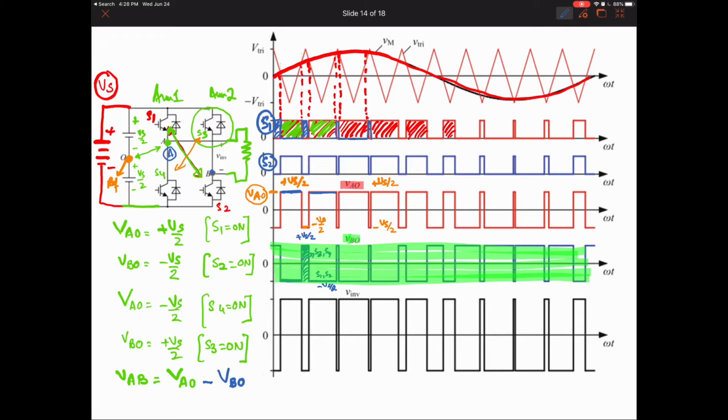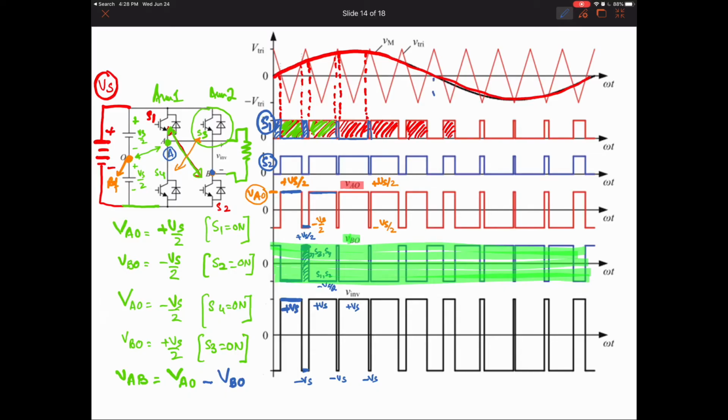So plus Vs by 2 minus minus Vs by 2 will be equal to plus Vs. You will get plus Vs at the output. In the second part, it is minus Vs by 2 minus plus Vs by 2, which will be equal to minus Vs, and so on. Over here you will get plus Vs, over here you will get minus Vs. So your load voltage will be exactly the same as we have discussed before.